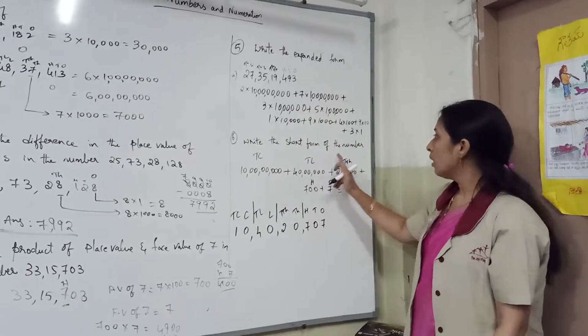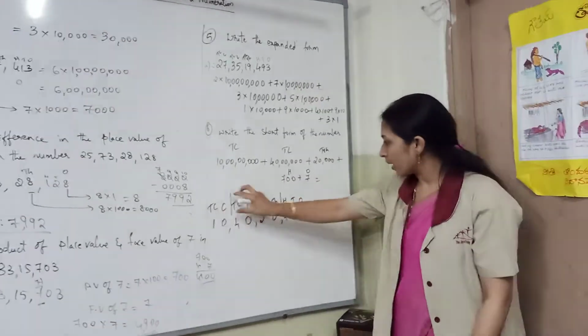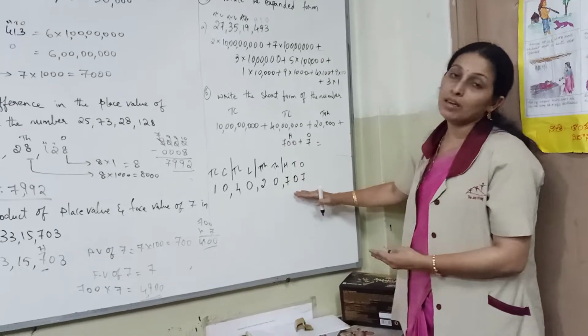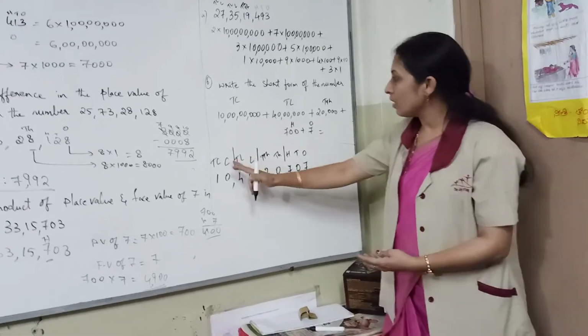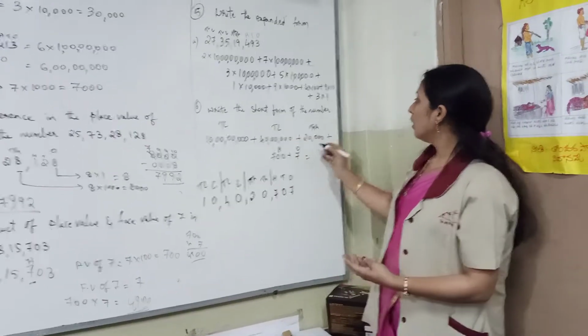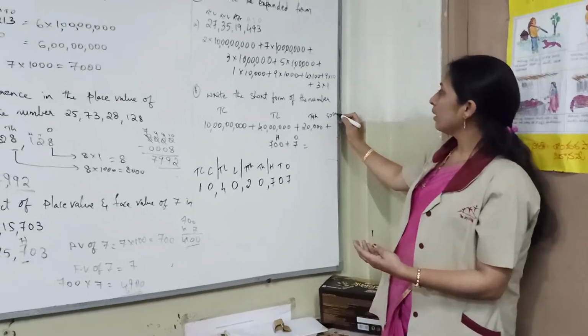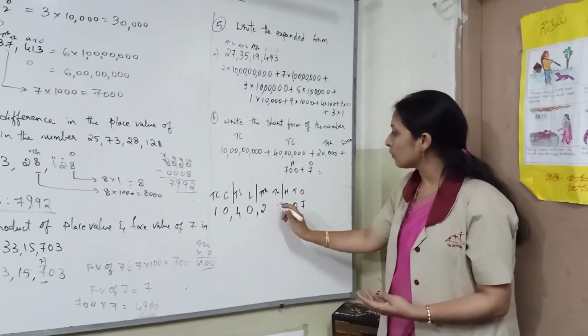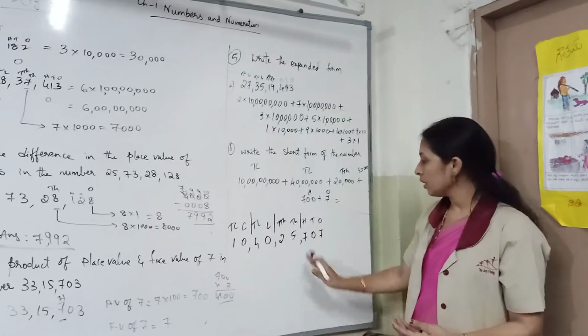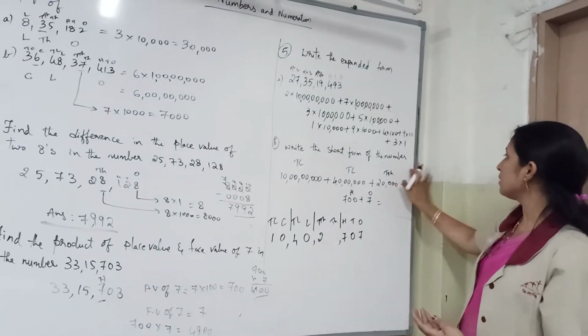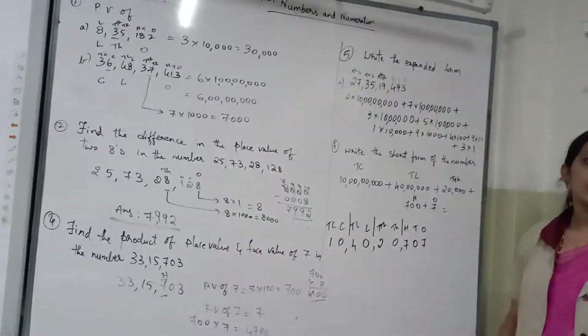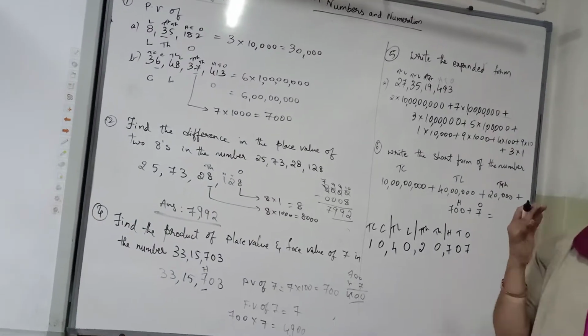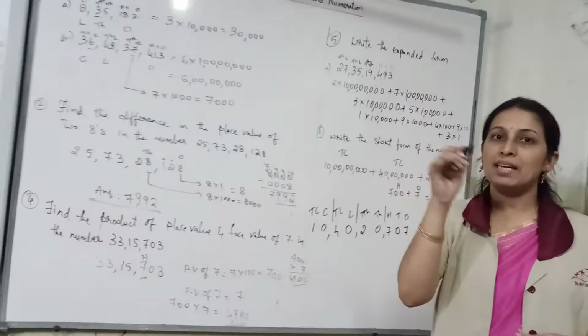First mark the places, and then when you write the places, you can easily write the number. If there is something like 5,000 here, then in place of 1,000 you will write 5. When there is no thousands place, you will write 0. That is the only difference. When you don't find any value in that particular place, you will place 0 in that.